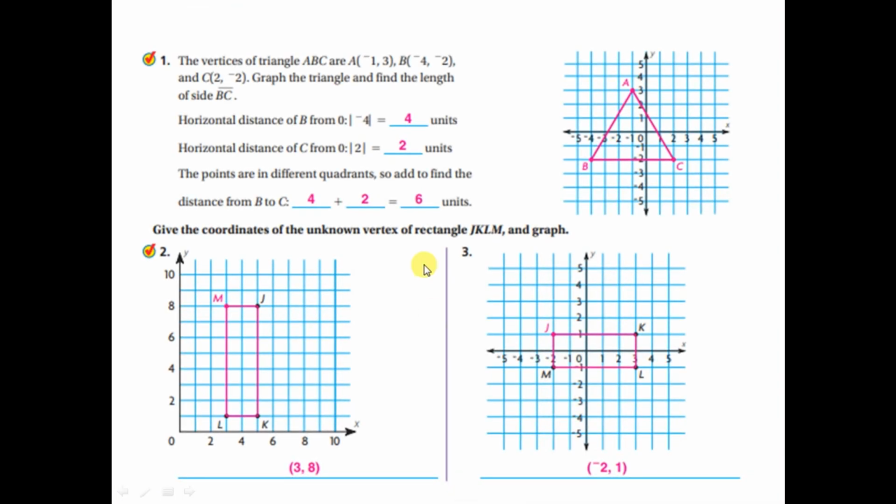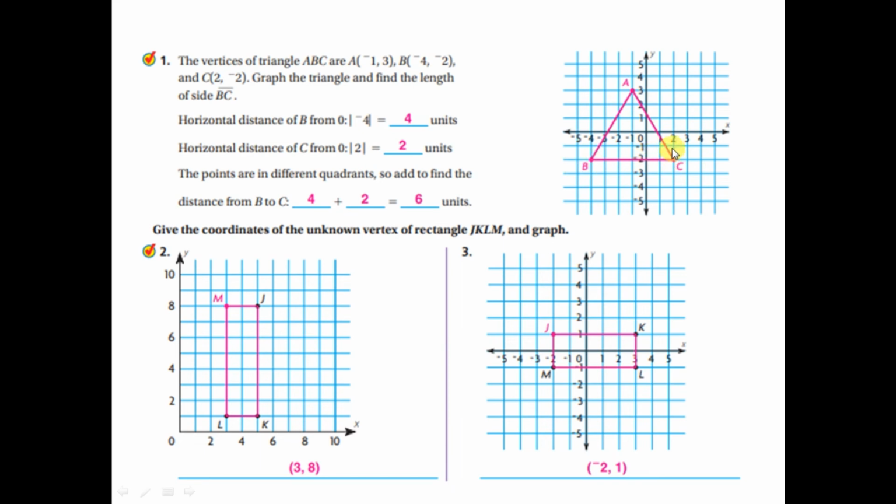Okay, the final examples. We have here the vertices of triangle ABC, and we put them already. A is -1, 3, B is -4, -2, C is 2, -2. After we put the points, we will get this shape. Now you want the length of BC, and you know the rule. If they are in different quadrants, I will add them.